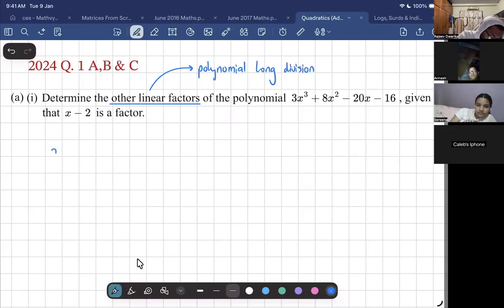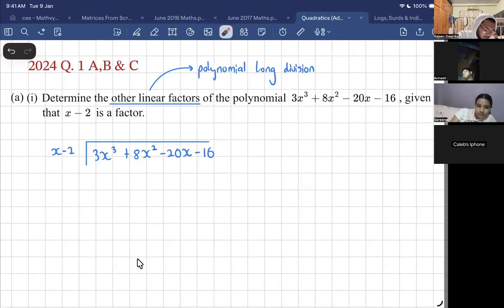So let's do that quickly. That's going to be 3x cubed plus 8x squared minus 20x minus 16. So, Serena, how many times could x go into 3x cubed? 3x squared times. Yeah.